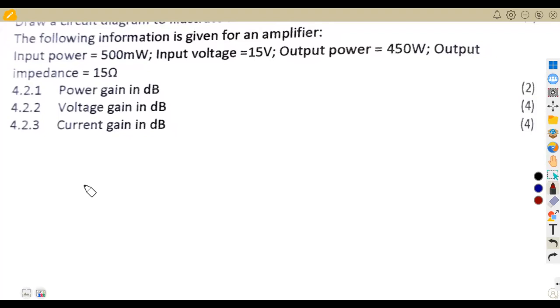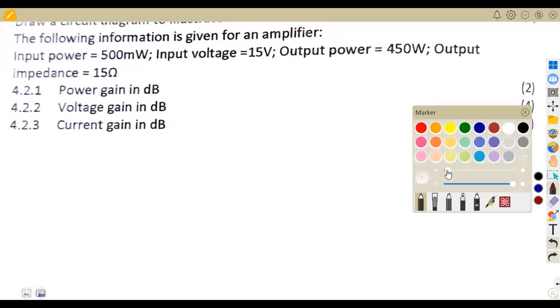If you remember in N2, we've been talking about most questions on a loudspeaker, whereby we're talking about the condition of a loudspeaker. We've got the input impedance, and we also have the output impedance that is going to affect.